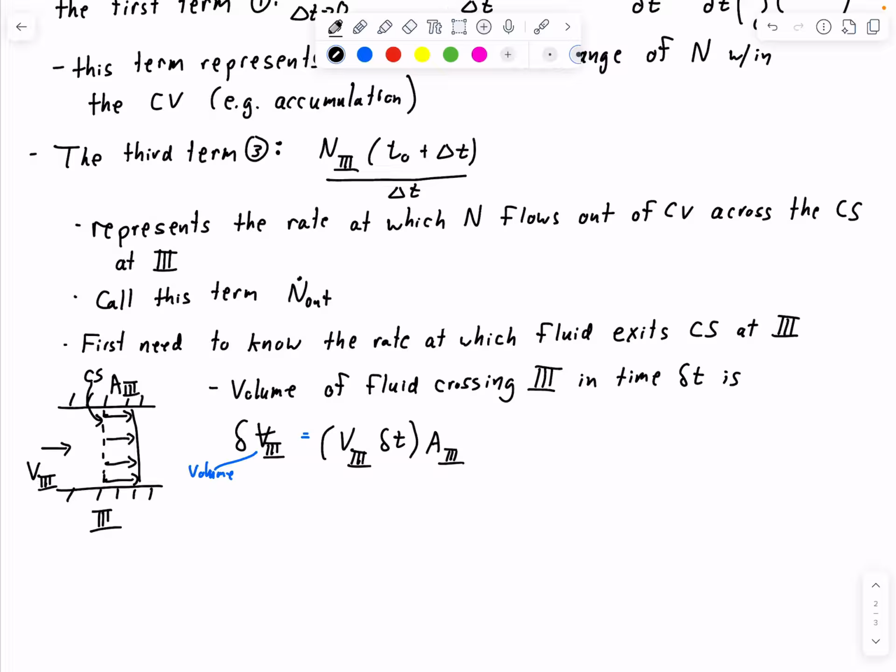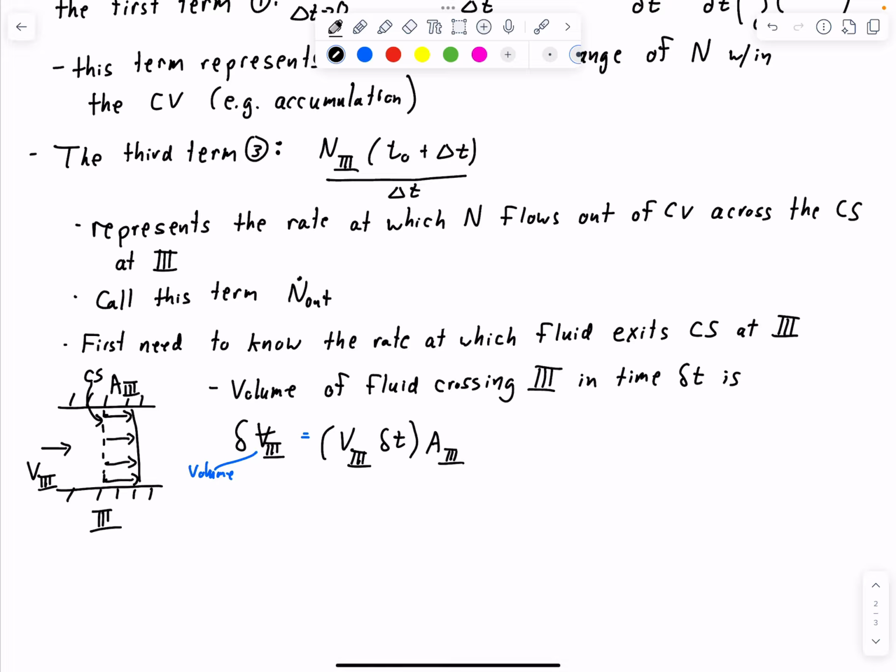So this velocity multiplied by time gives you dimensions of length. Length multiplied by area gives you dimensions of volume. So this is a volume that's crossing this surface.